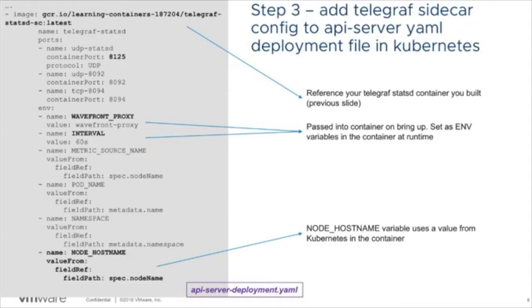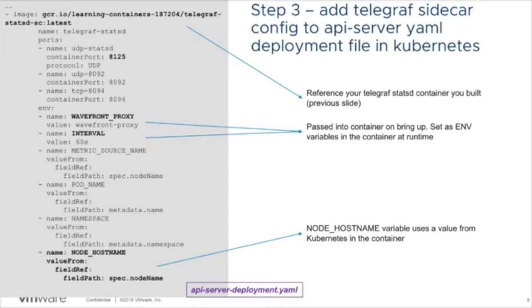I use that variable, which is coming in as an expected variable for that configuration, which is now inside of my running image for Telegraf, or in the container, and I give it a name, Wavefront Proxy. And Wavefront Proxy is another service that's running inside of my cluster that I bring up to effectively get that information, and that's what will actually push that information out. I give it an interval of 60 seconds, which overrides what's in the container itself. I can make this 30.